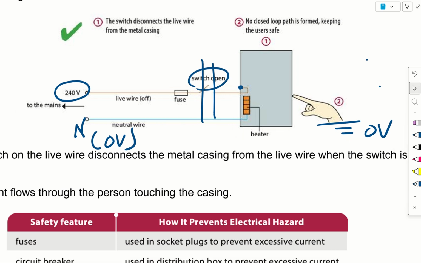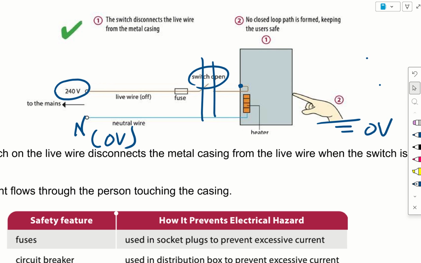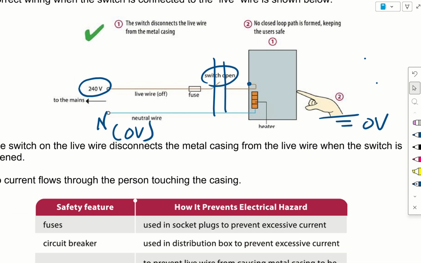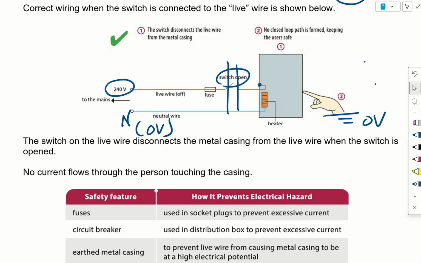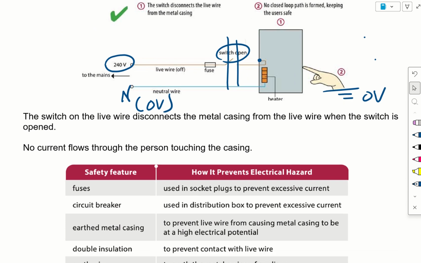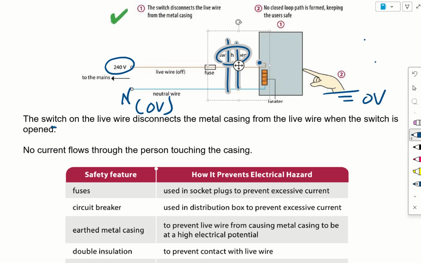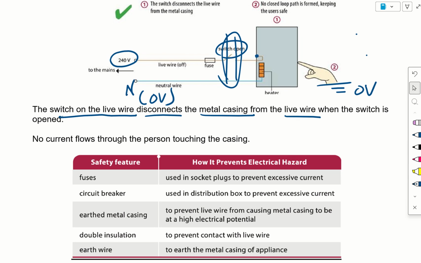So meaning to say, if the person happens to take this heater for repair with the switch open, right, it's an open circuit, it is very safe. Therefore, the switch should always be connected to the live wire. Okay, and what do we say? The switch on the live wire will disconnect the metal casing from the live wire when the switch is open, and this is what is happening over here. No current will flow through.